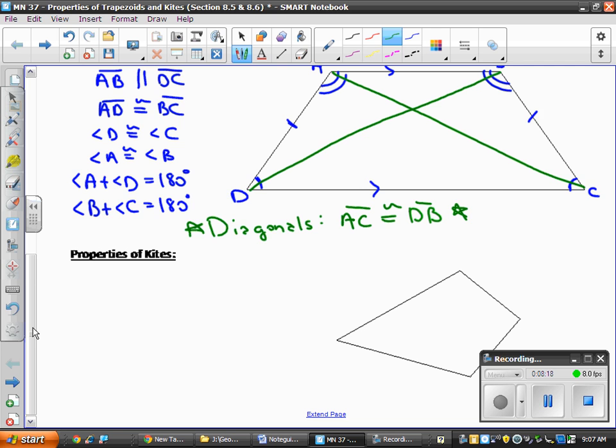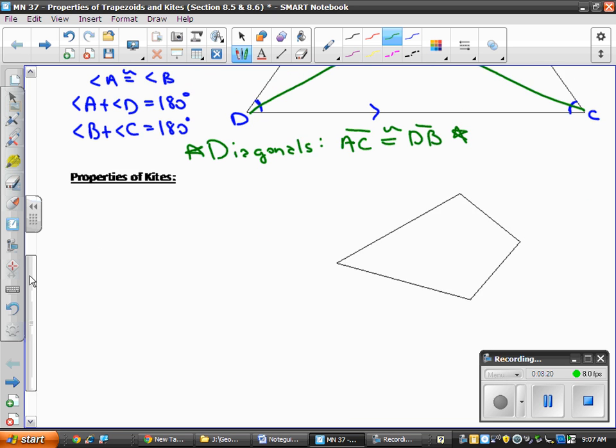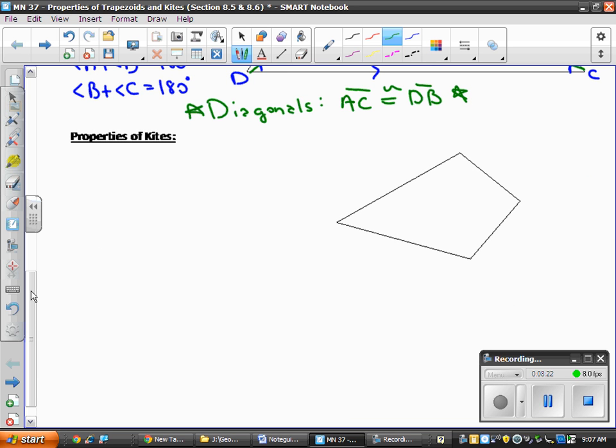Coming down here, we have one more shape in the quadrilateral family, and then we're done. We don't have any more after this. It is a kite, and it does in fact look like a kite flying to the right.